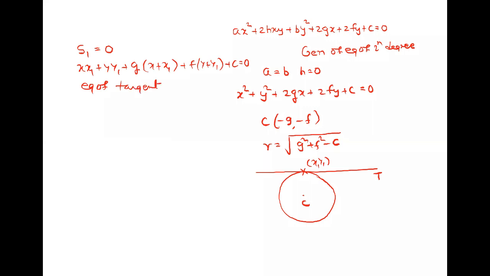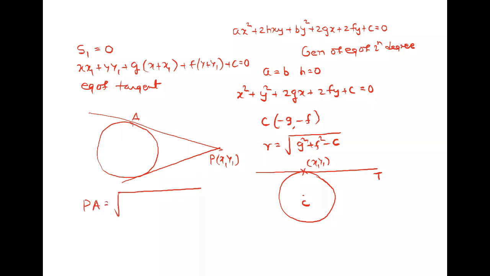Similarly, this is the circle. This is the point P, x1, y1, and this is A. This is the length of tangent PA, equal to root of x1 square plus y1 square plus 2gx1 plus 2fy1 plus c. Please complete it, then I'll proceed further.